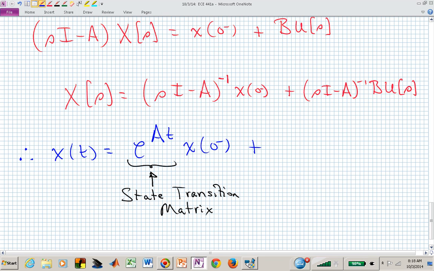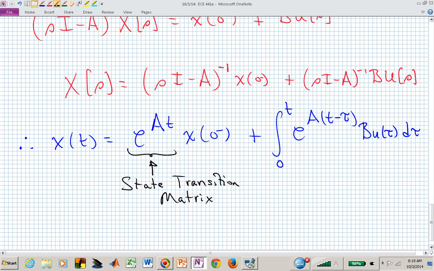When we inverse transform those into the time domain, we have a convolution. The convolution will involve this state transition matrix. We are integrating from 0 to t of e to the A times (t minus tau). T minus tau is simply a scalar. Then B u of tau d tau.